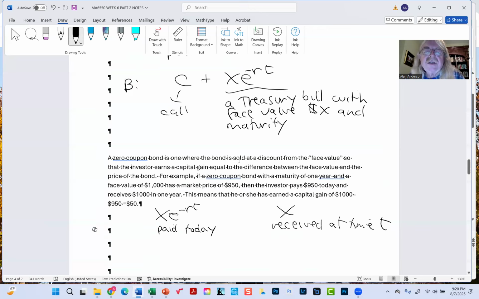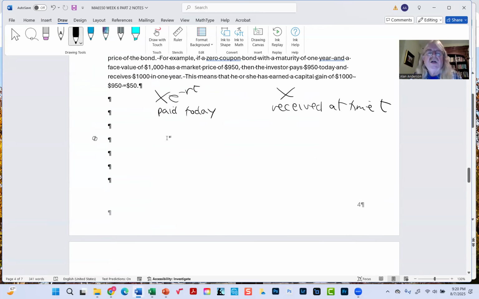Now, just in case I didn't mention this before, this so-called parity relationship assumes that the call and the put are European, of course.